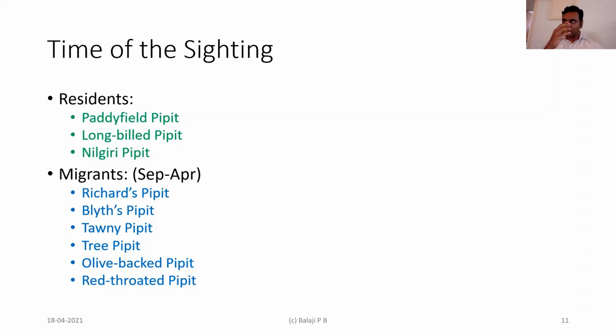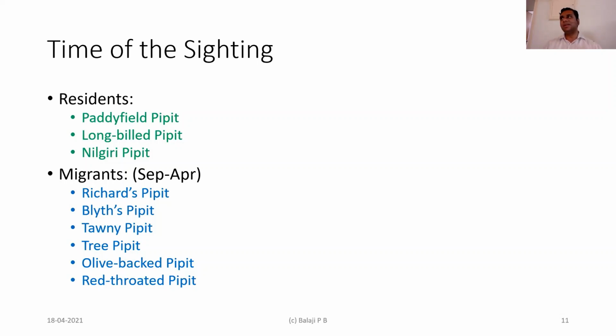So whenever you post a picture for identification, you should always post what time of the year you sighted it, with the date, and which location you sighted it. For example, whether it was in the hills, whether it was in the plains, what type of habitat it was.